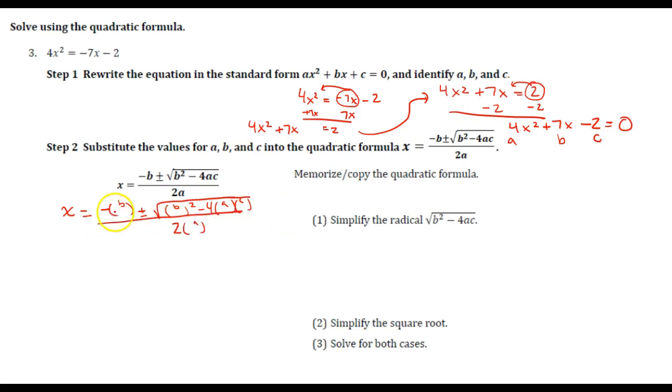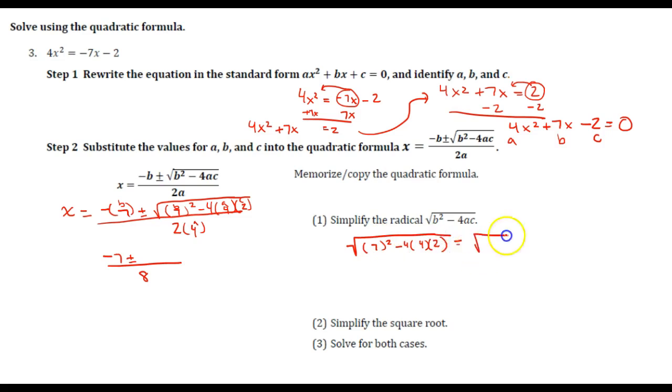Let's put our numbers in their place. 7 and 7, 4 and 2, and 4. So opposite of a positive 7 would be negative 7. 2 times 4 is 8.